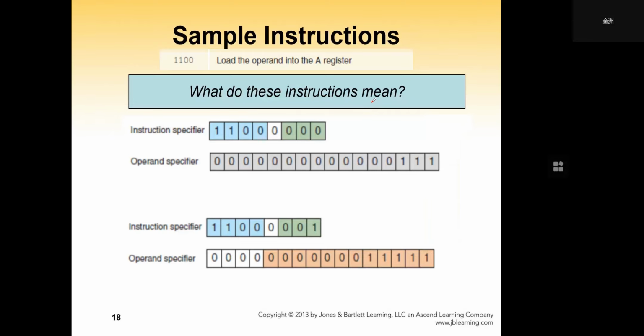So we show some detailed examples of the instructions to check what they mean. Firstly, we read the first 1 byte, the instruction specifier, with the first 4 bits being the operation code. That is 1100.